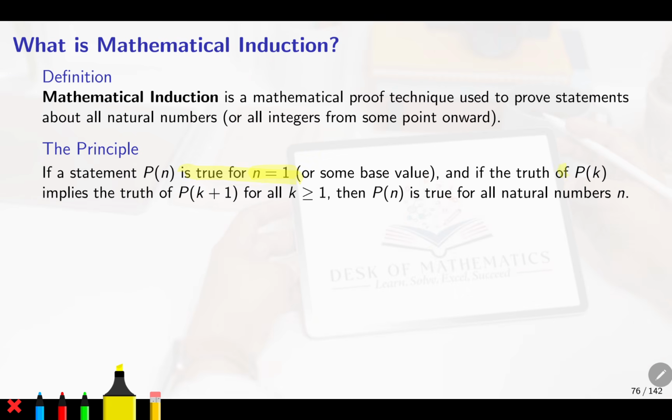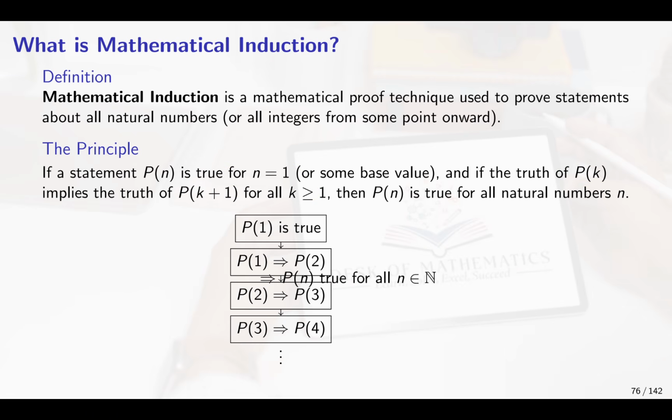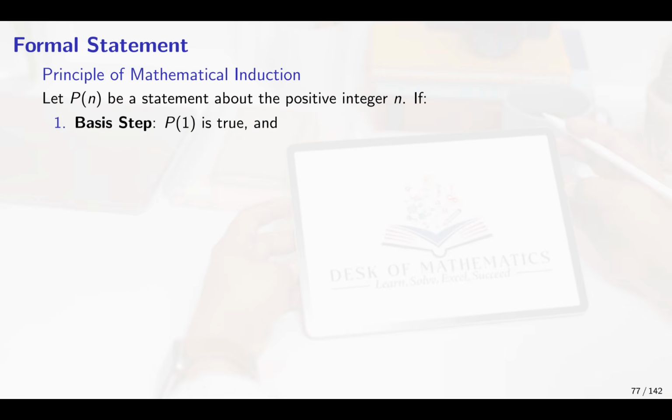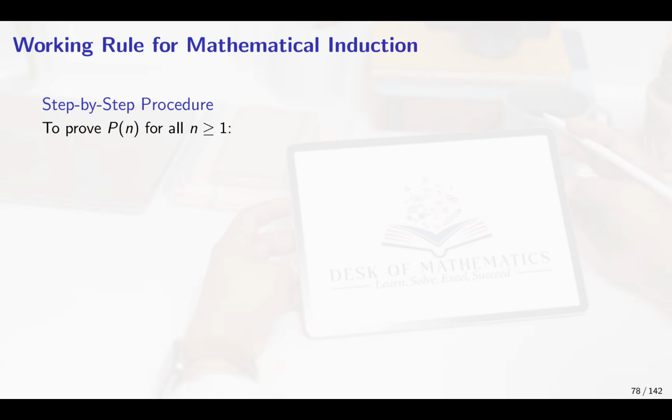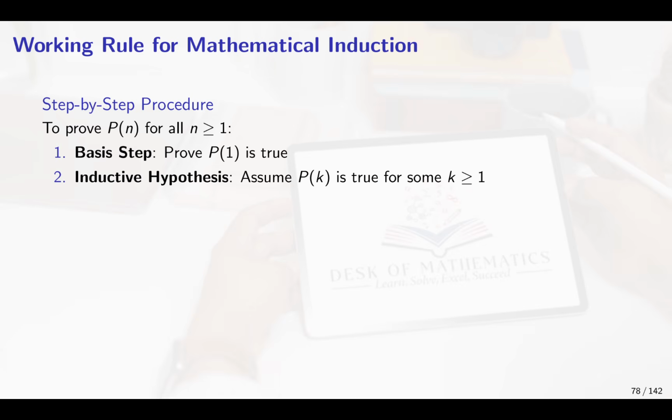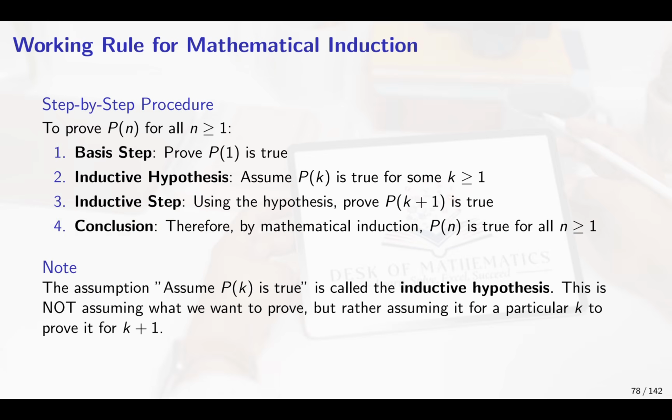Second, we suppose that it is true for p of k, and then we prove it for p of k plus 1. This is the method for mathematical induction. These are the steps that we follow: the basic step for the initial value, then the inductive step which we assume, then the inductive proof for k plus 1, and the conclusion.